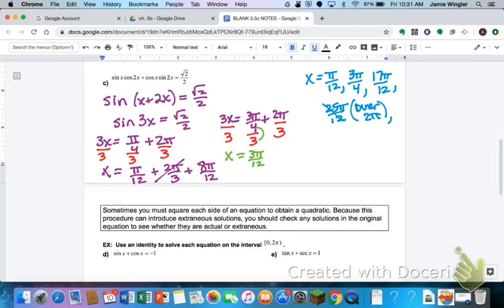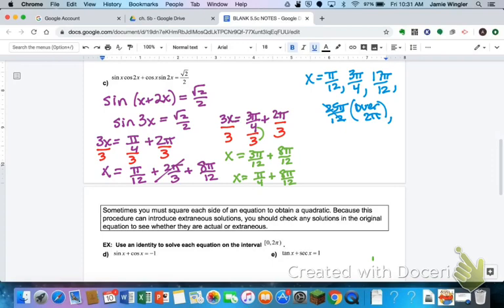And then since our denominator is 12, we are going to actually add 8 pi over 12, because that's equivalent to 2/3. Now you can reduce 3 pi over 12 to pi over 4, but a lot of times I'll just leave it in terms of twelfths, because that way you're adding fractions with common denominators.